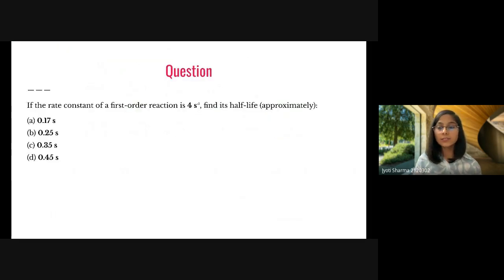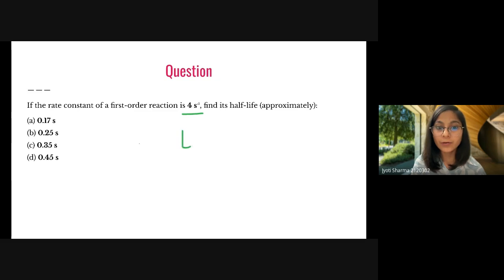Okay, so this question is very much similar to your assignment question. I think only the value has been changed. If the rate constant for the first order reaction is 4 per second, find its half-life. So how can you calculate the half-life for the first order reaction?